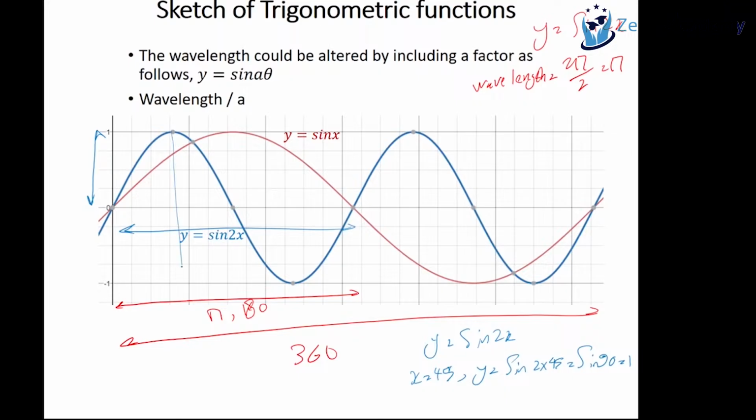So this time, I'm reaching the point 1 at 45. Last time, I was reaching it at 90. So amplitude is still the same, it's just that the point where it reaches the maximum changes from 90 to 45.